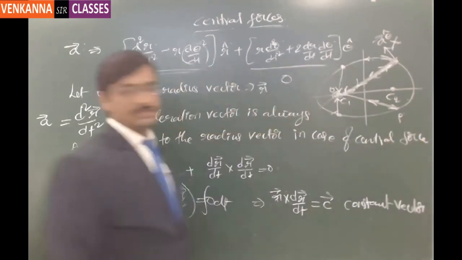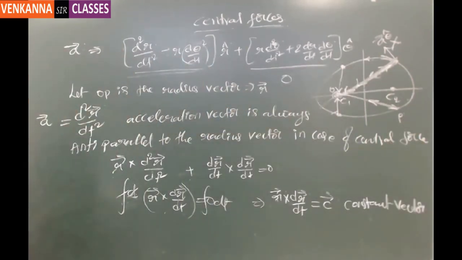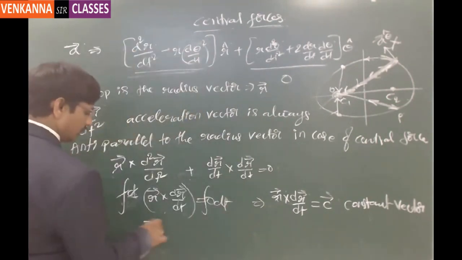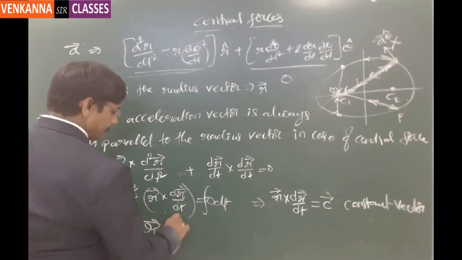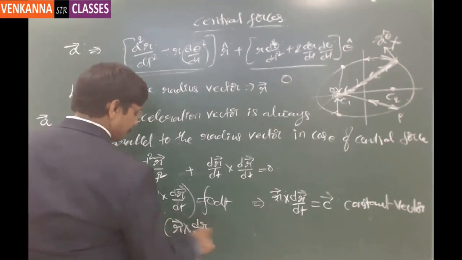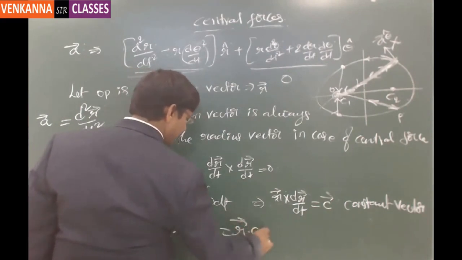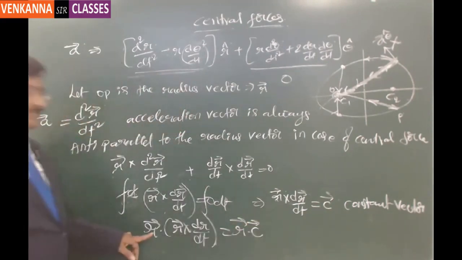So this is a constant vector. Now from this constant vector, if I take r dot on either sides, so this is r dot r cross dr by dt.